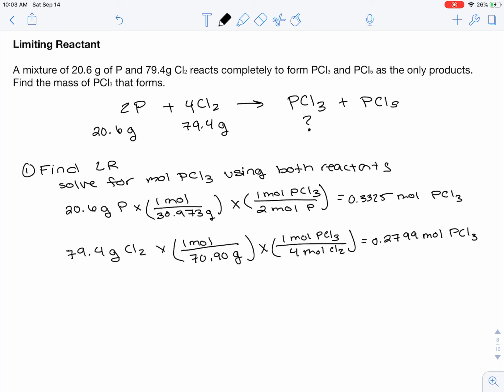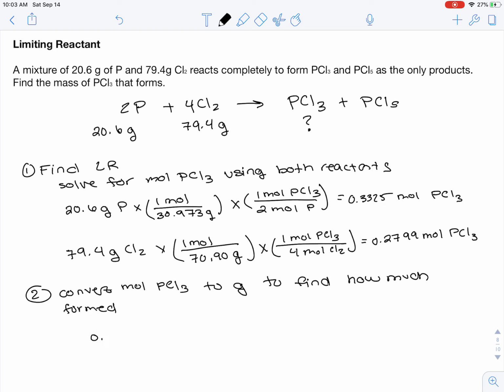So my limiting reactant comes from chlorine, and then I convert moles of phosphorus trichloride to grams to find how much formed, my theoretical yield.